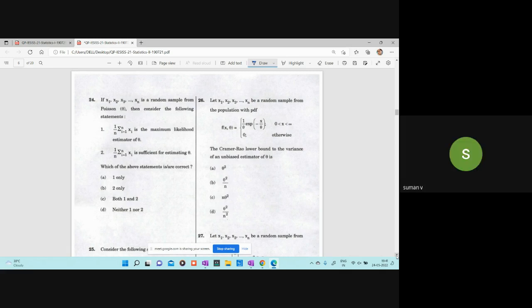Both for 24. Yes, absolutely correct. So it is very easy. And answer 26.